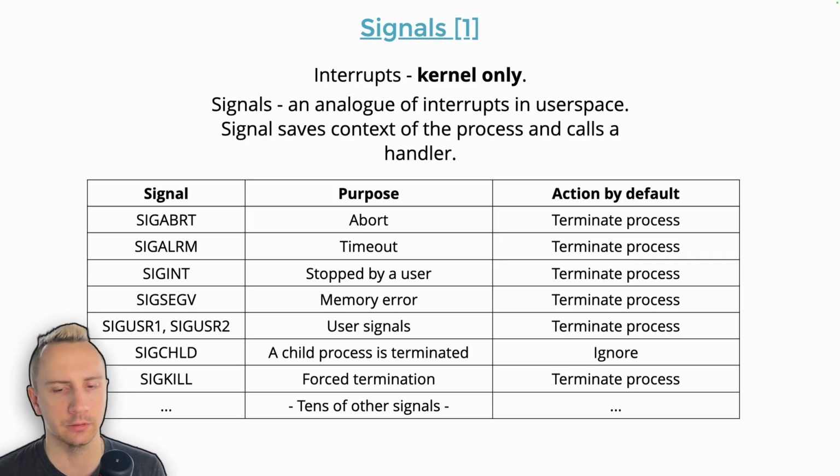Or SIGALRM, it's a signal which is sent to a process by a process to itself with a delay, for example, to interrupt a too long system call. Most of the other signals are sent by the kernel as user space representation of critical hardware interrupts, like SIGSEGV.